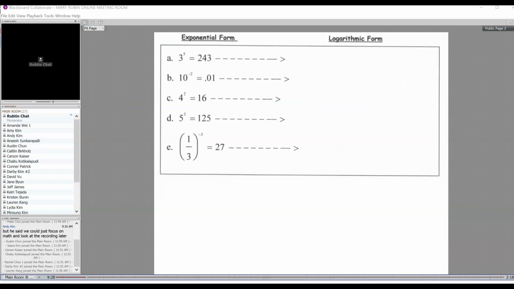So log base 2 of 16 equals 4. But the way that you say it is log base 2.